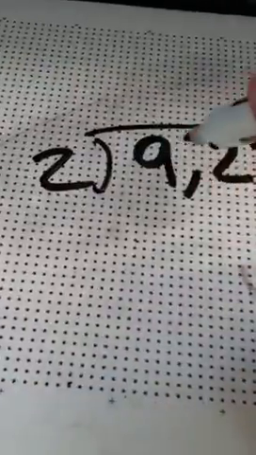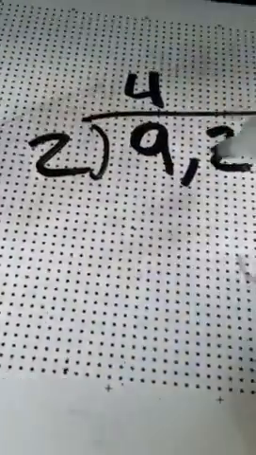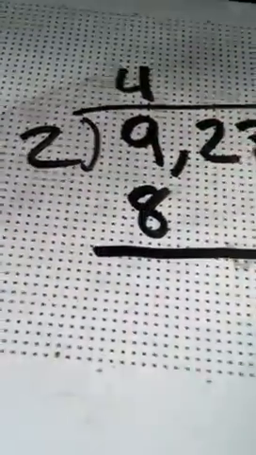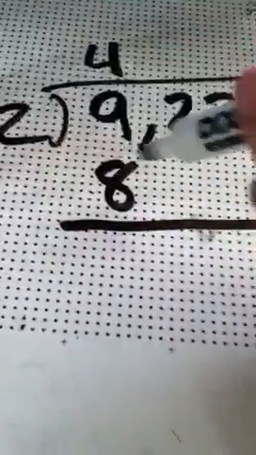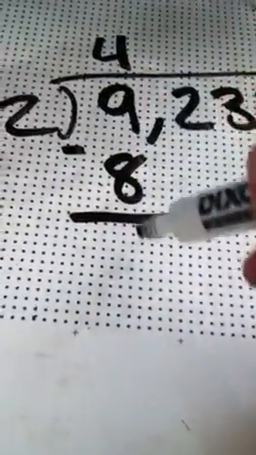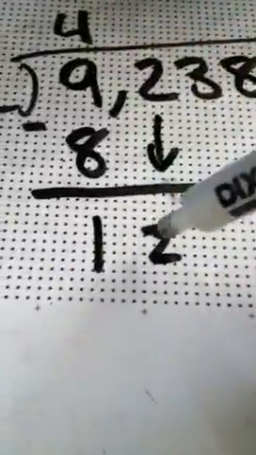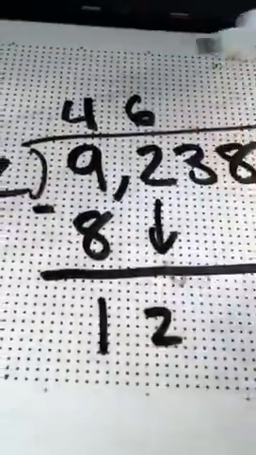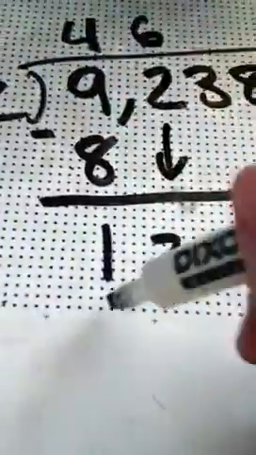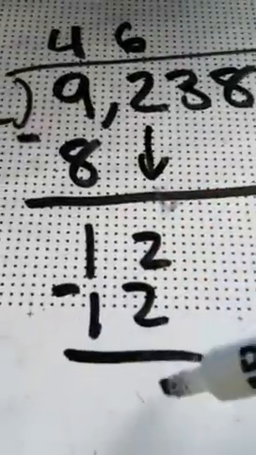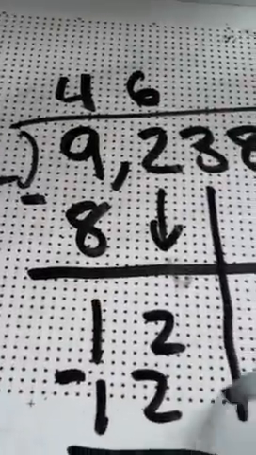Okay? So I go 9 into 2, that goes 4 times. That's 8. 4 times 2 is 8. Subtract. 9 minus 8 is 1. I'm going to bring down my 2. 2 goes into 12 6 times. Put up my 6. 6 times 2 is 12. Subtract that, I get a 0.